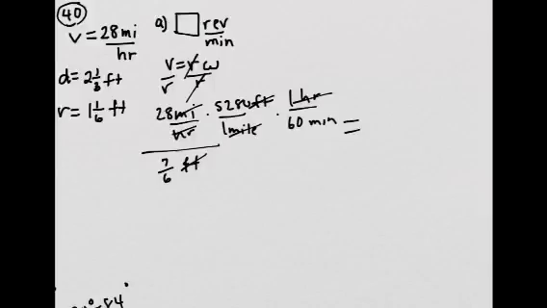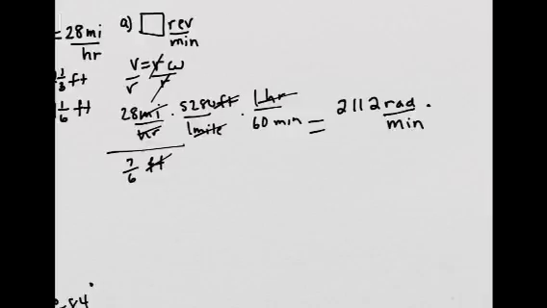So take a calculator to put in all the numbers, and then that's going to give me radians per minute. So we get 2,112 radians per minute, because remember, v over r is omega. So now we're going to take 1 revolution is 2 pi radians, and that's canceled, and then we divide that by 2 pi, the 2,112 divided by 2 pi.